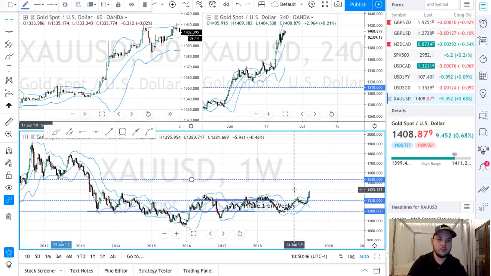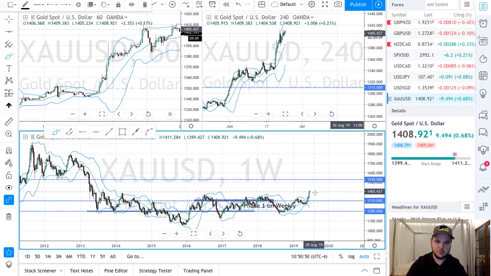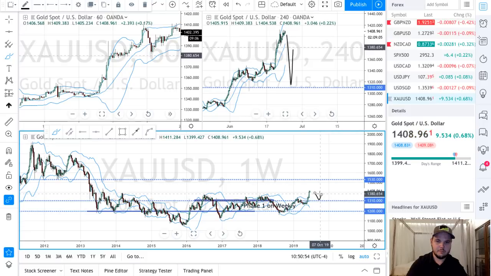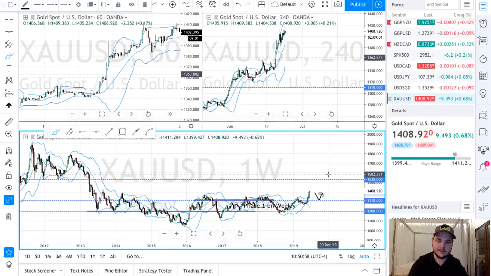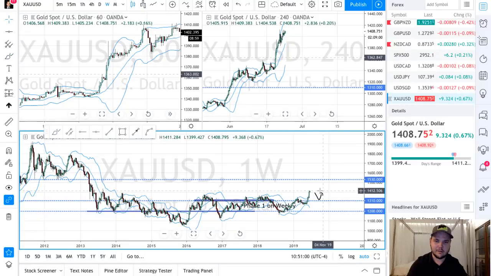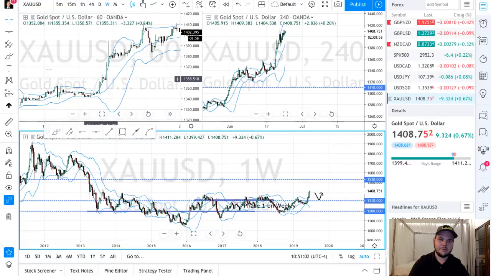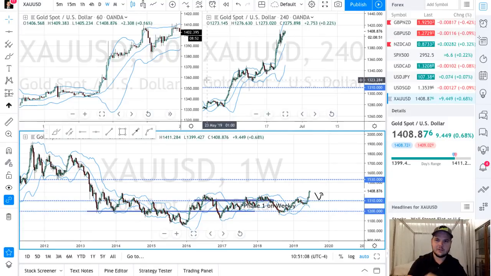Or you wait for price to come back to this zone, do a nice retest, and then you look for a setup over here. With the Bollinger Band, I think that will be a good strategy. So you wait for price to come back here and look for a reversal trade on a lower time frame, which I believe will work pretty well. That's my opinion. So guys, that's it for these pairs.